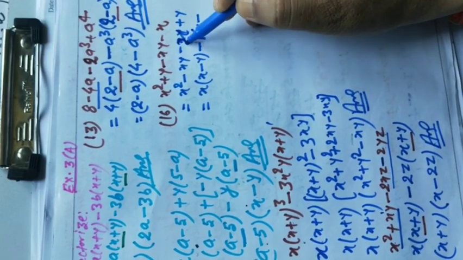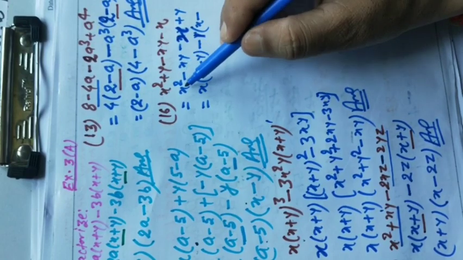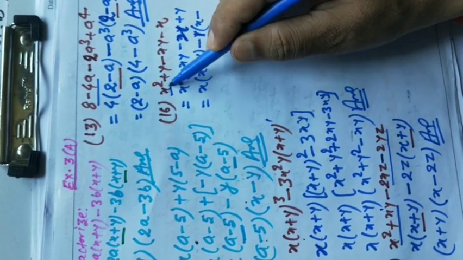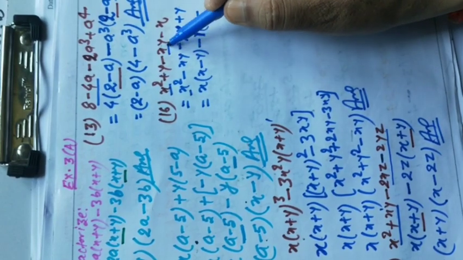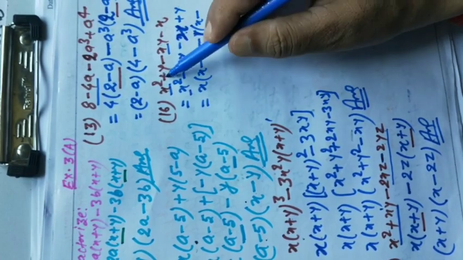Here x is taken with x square, minus xy and minus x, and then plus y.